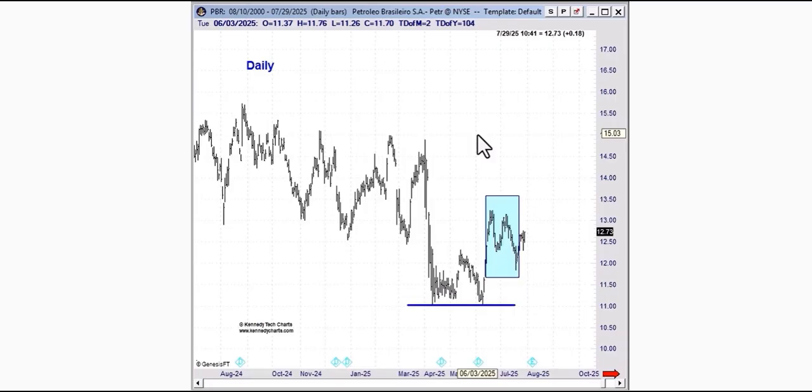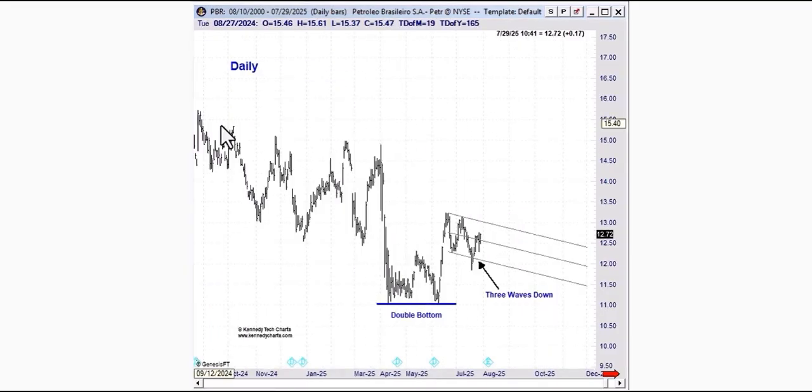Any kind of three-wave move you see is going to be a counter trend move. So we have a double bottom, a very reliable old school chart pattern indicative of a bottom. And then we have this movement to the downside here, which is clearly three waves. I point that out here in this slide. Double bottom, three-wave decline, three waves down.